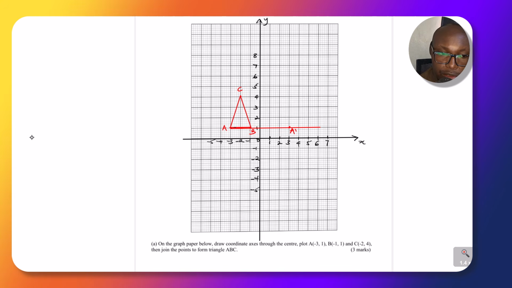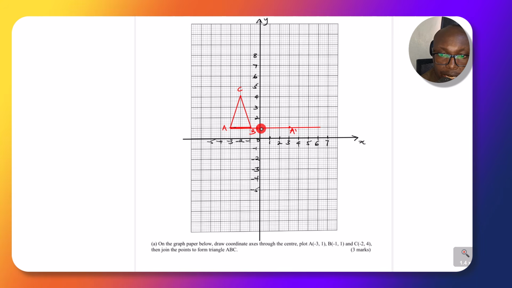The property that you're using here is that the distance between the mirror line and the object point should be equidistant, the same as the distance from the mirror line to the image. So from A to the mirror line, that distance is 3 units.